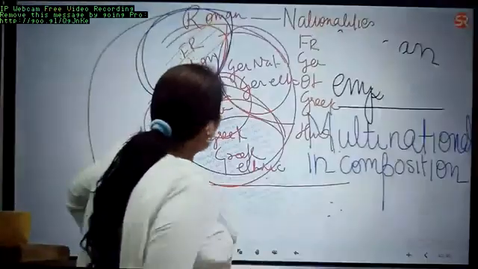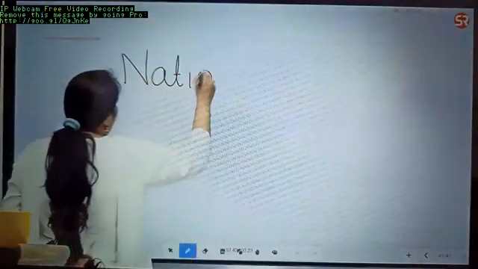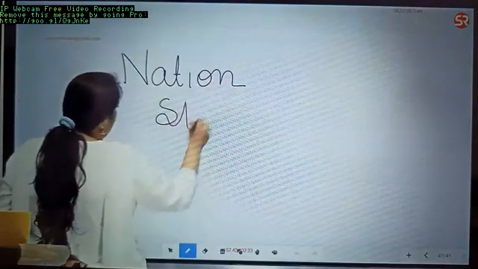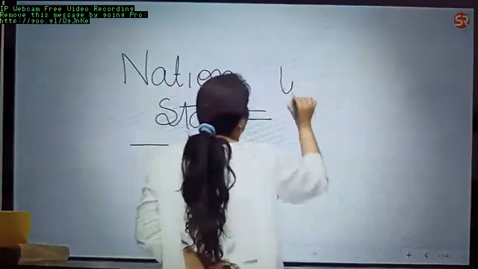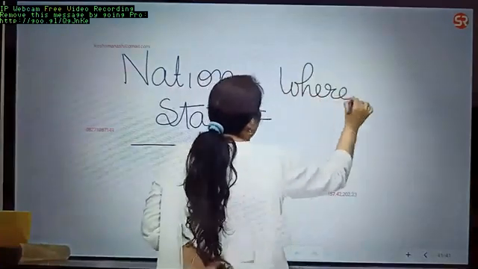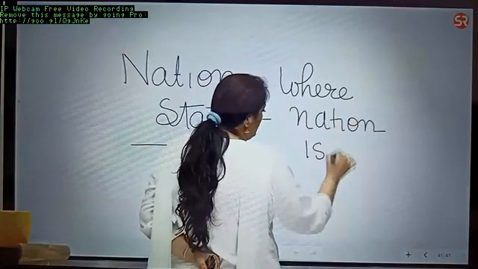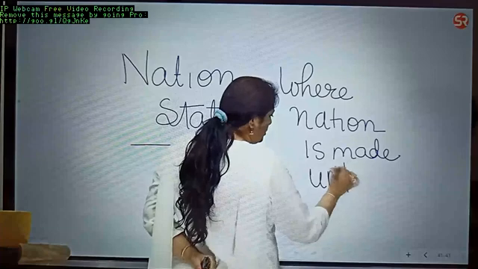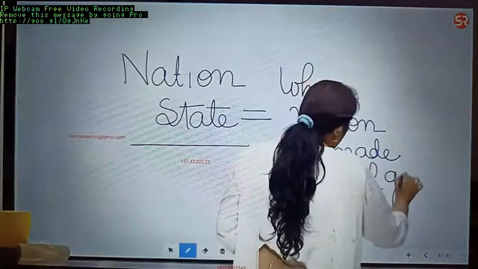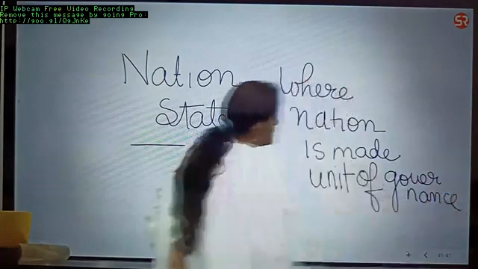So now what exactly is the nation state? Where nation is made the unit of governance. What is a nation state?